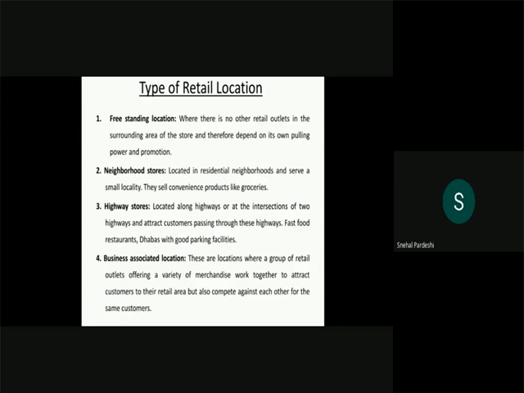Not everything is available there. If you go to some dhabas, you find a small grocery or convenience store situated adjacent to the dhabas. So minimum required things you can buy.